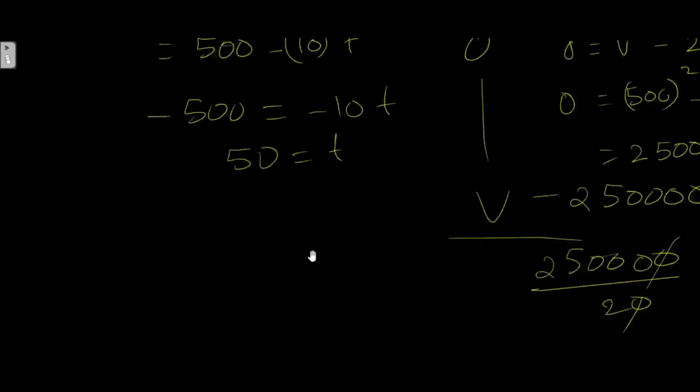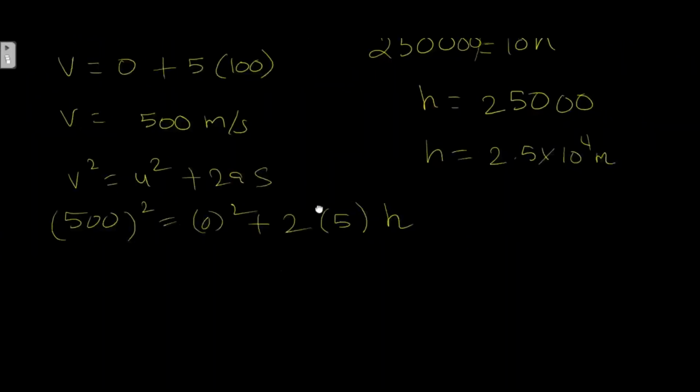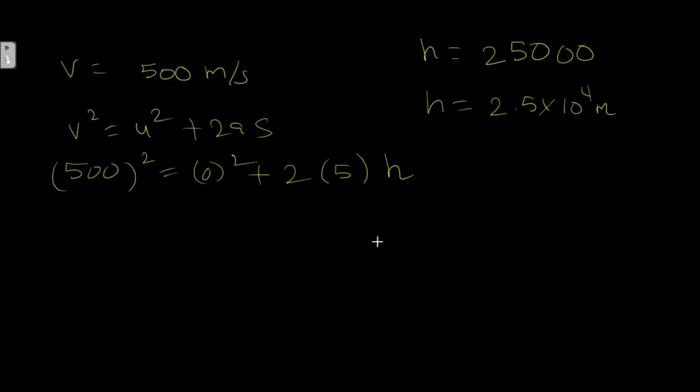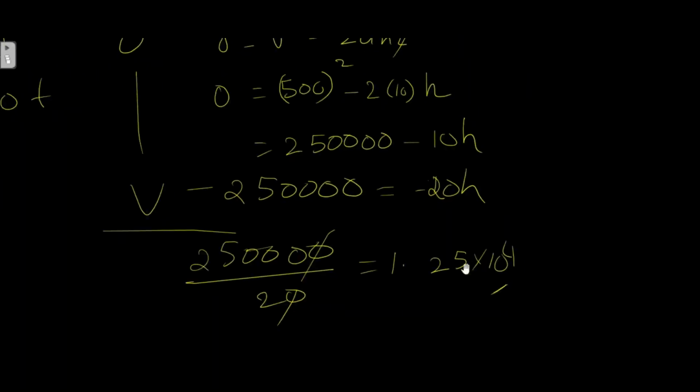So from this point to this point, it is 1.25 into 10 power 4 meter height, and this much height was already found as 2.5 into 10 power 4. So the total height will be this much. This height is h1, and this height is h2.